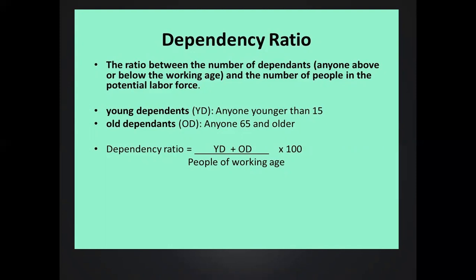So the dependency ratio equals YD plus OD divided by people of working age, times 100.